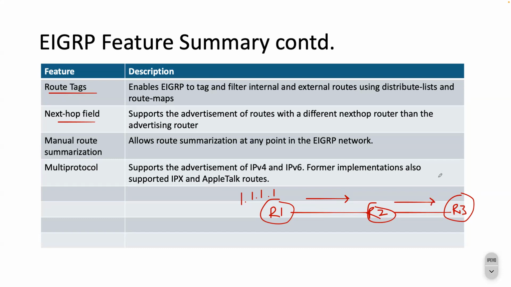On R3's routing table, if I see this 1.1.1.1, what is the next hop IP for this route? Can anybody tell me?